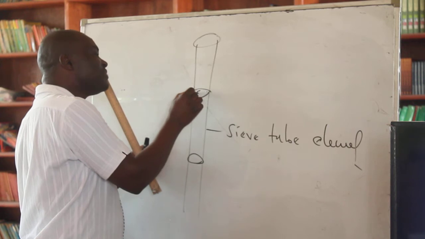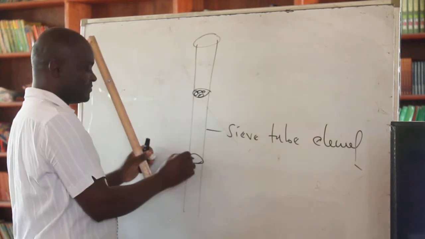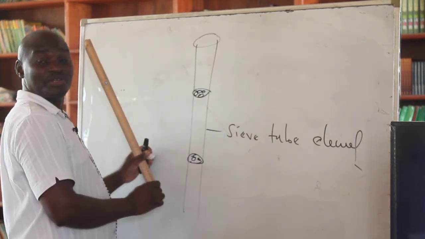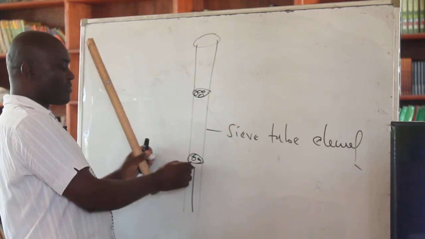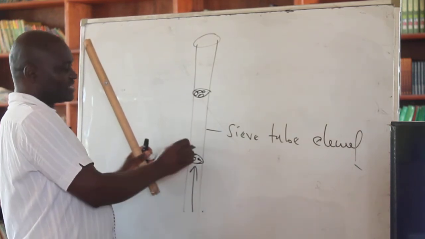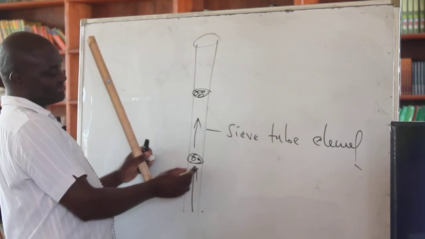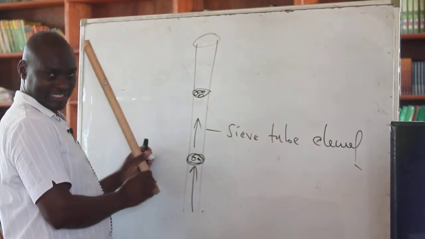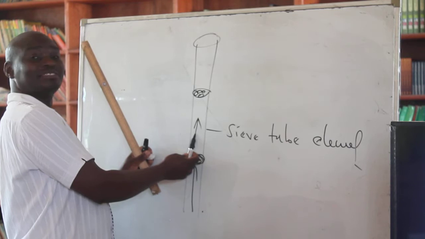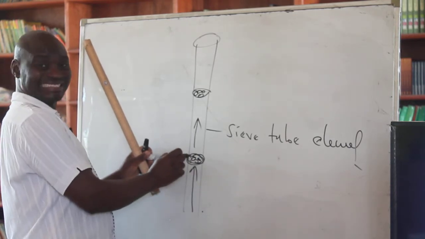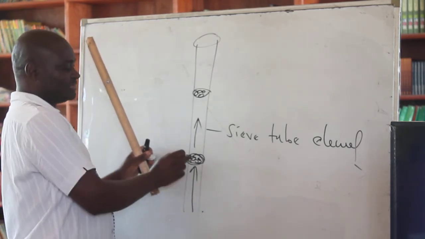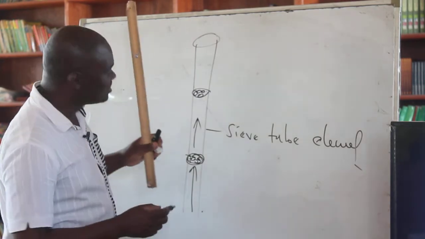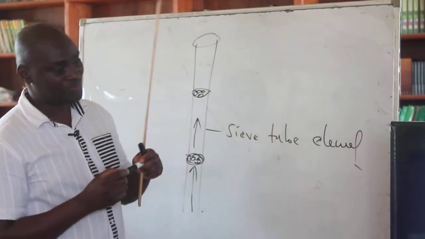And this is a sieve plate. Now these sieve plates are perforated. Because remember, for a substance to move from one sieve tube to the next sieve tube, it must pass through the sieve plate. For those substances to pass through, this thing must be porous, permeable. It must be porous, having small holes to allow substances to pass through.